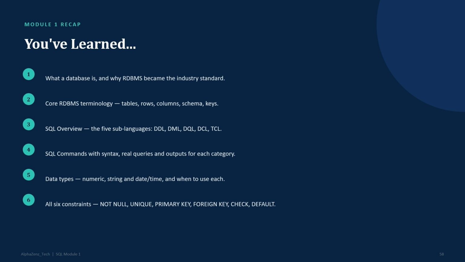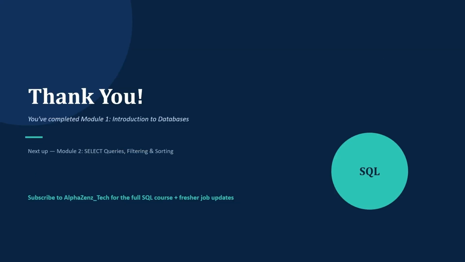Data types: numeric, string, and date and time, and when to use each. And all 6 constraints: not null, unique, primary key, foreign key, check, default. That is a massive foundation. And if you followed along and tried the practice questions, you are already ahead of most freshers walking into an interview.